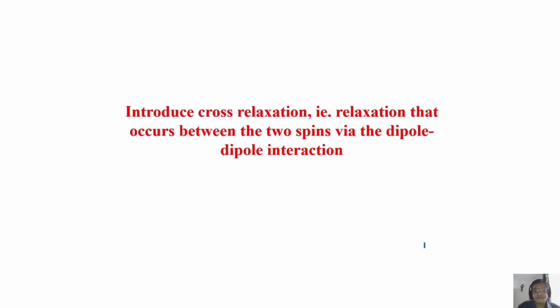Welcome back. So in the last class, I tried to introduce NOE, for which I brought in the concept of decoupling, both homo and heteronuclear decoupling, how it is done. I said we can saturate one of the spins and see the effect of it in the other spin, which is coupled to.